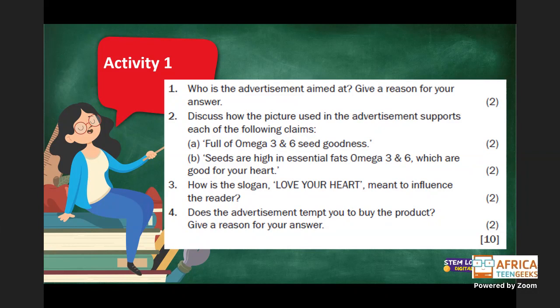So what do you think? Love your heart. We could say that's emotive language used there. Love your heart. So how is this slogan meant to influence the reader, do you think?